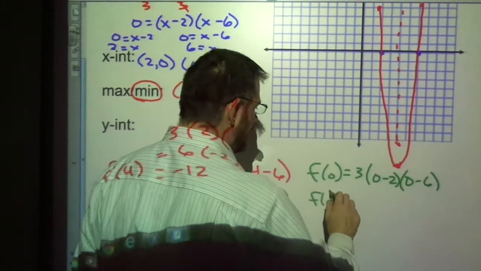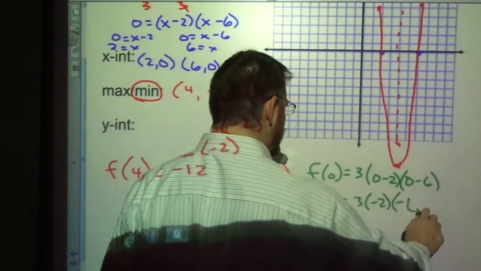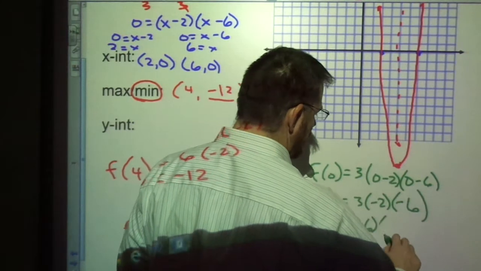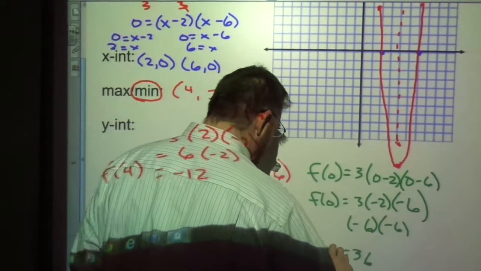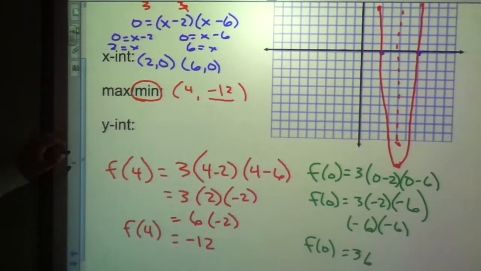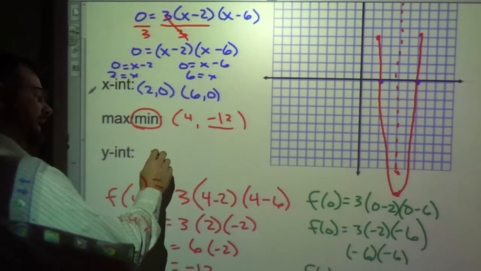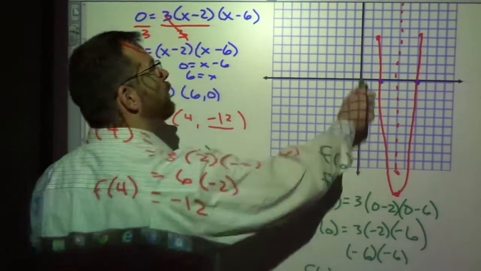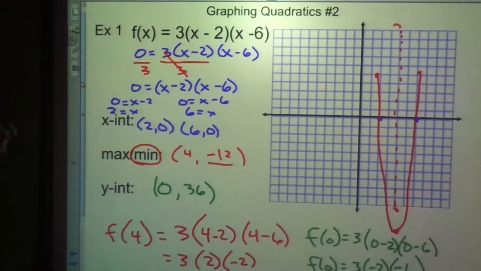So f of 0 would be 3 times negative 2 times negative 6, which is negative 6 times negative 6, which is positive 36. Oh, wow. So this is way off the graph, which is okay. That happens sometimes. Our graphs are somewhat small. So when x is 0, y is 36. That's going to be way up here. So there's the first problem, and this is what the answer should look like here.